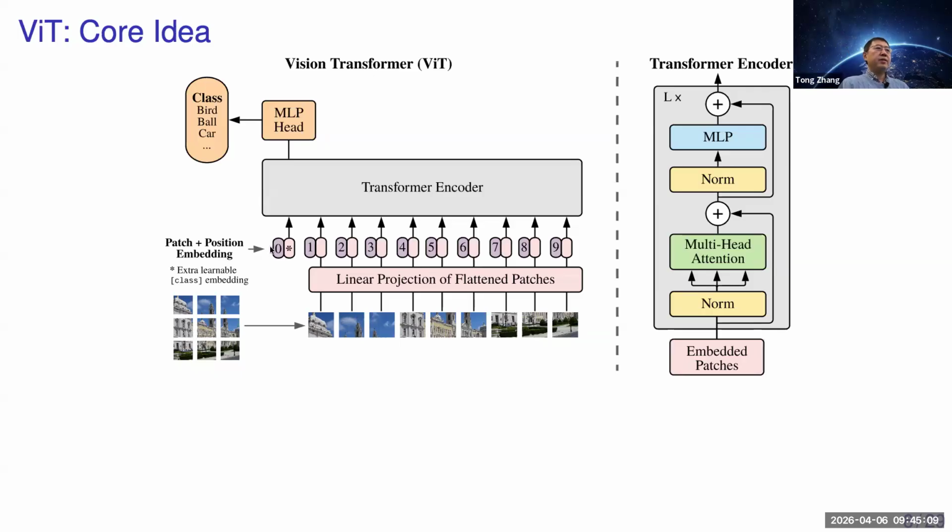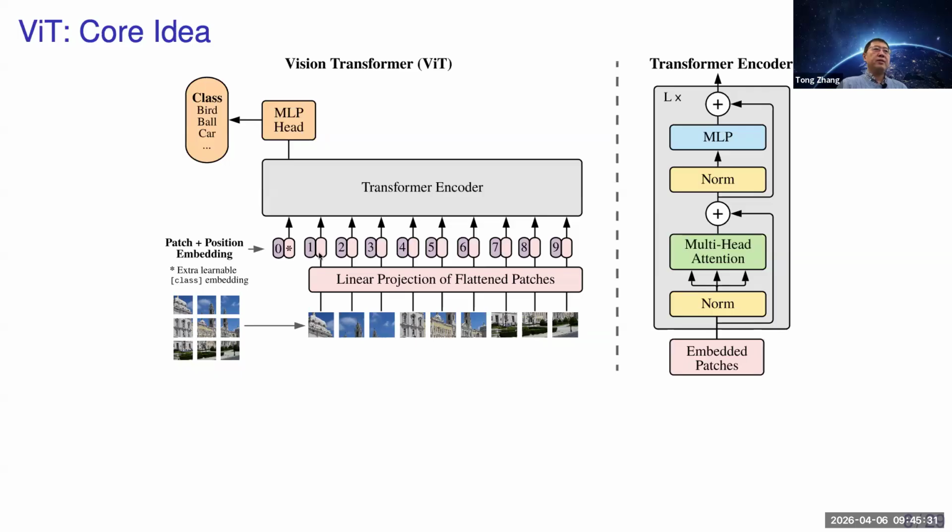And you have a position embedding. Of course, this is an absolute position embedding. There's no need for RoPE or whatever, because you just tell where each patch is. So each patch gets a position embedding in the transformer input.